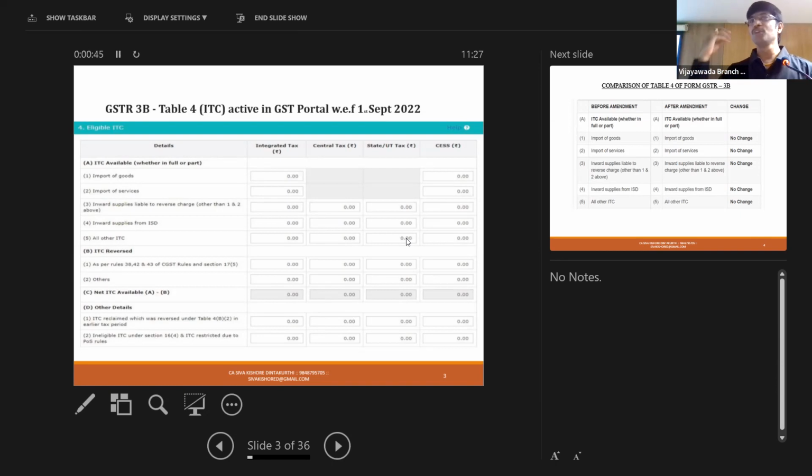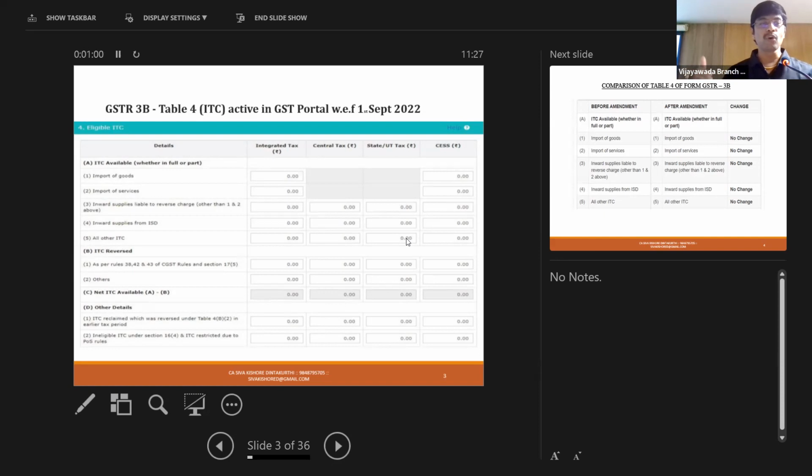You have to learn certain new terminology which comes in the concept of revised 3B. It's a permanent reversal. 4B2, earlier also it was others, now also it is others, but it is called temporary reversal.